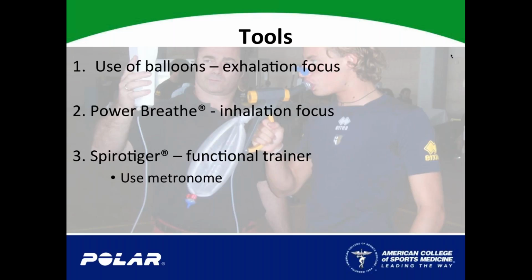You just practice that over and over again, strengthening your respiratory system. So you have the use of balloons, which would be much more of an abdominal focus and to relax the diaphragm, the Power Breathe, which promotes more strengthening of the diaphragm, and the Spiro Tiger, which just focuses more on the speed of your breathing.